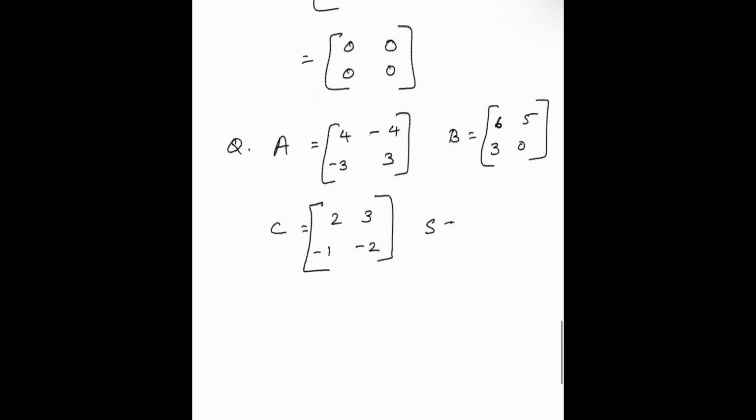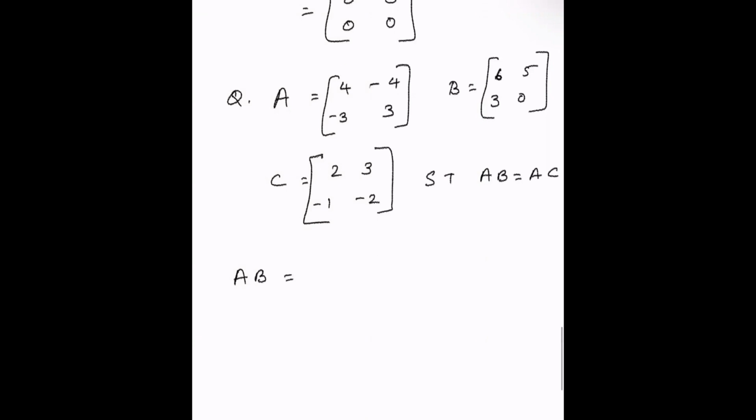Show that AB is equal to AC. B and C are not equal matrices. Still, they are asking us to show that AB is equal to AC. Let's see whether it is possible.